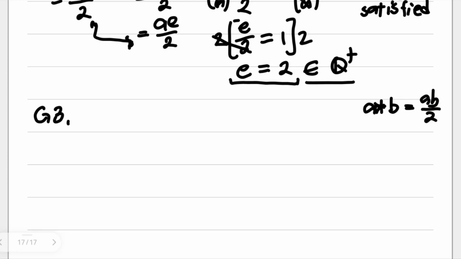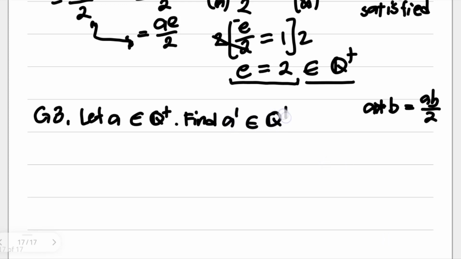For G3, we need to show that for a certain element A of Q plus, we're going to find A inverse, still an element of Q plus, meaning G3 is all about the existence of an inverse element, such that following the definition, A star A inverse is equal to A inverse star A, which is equal to E, that is 2.